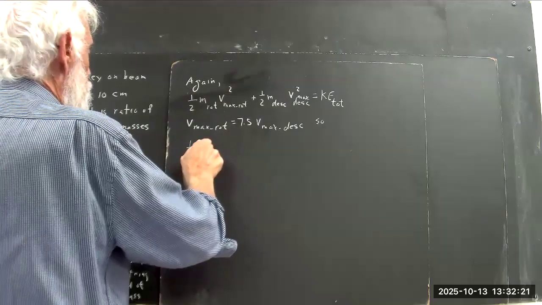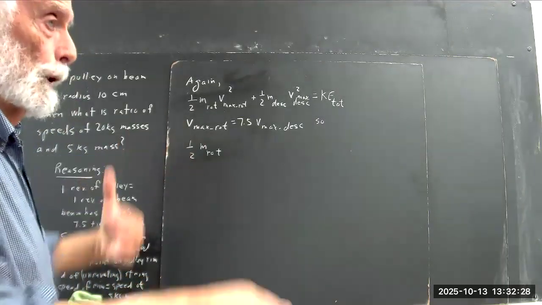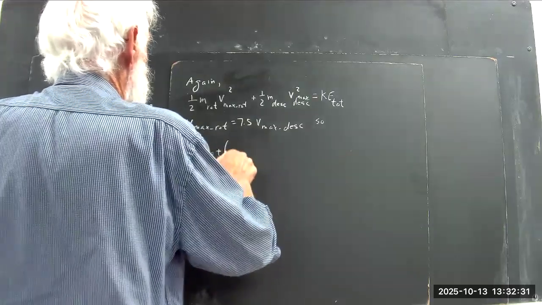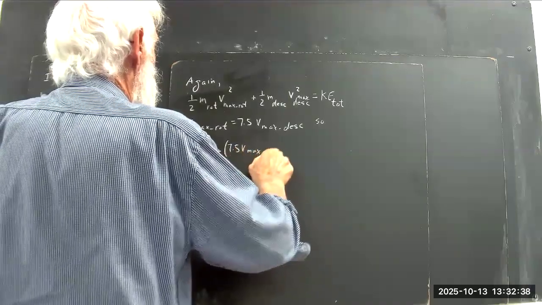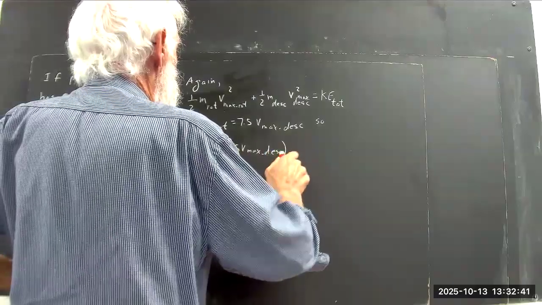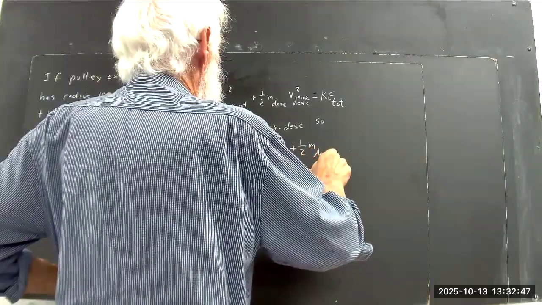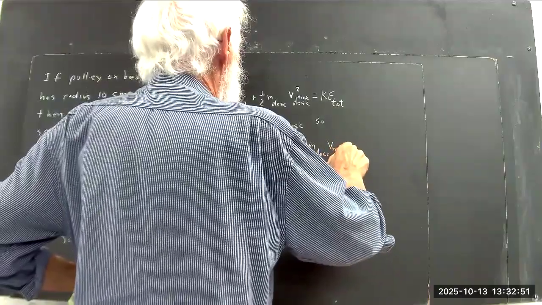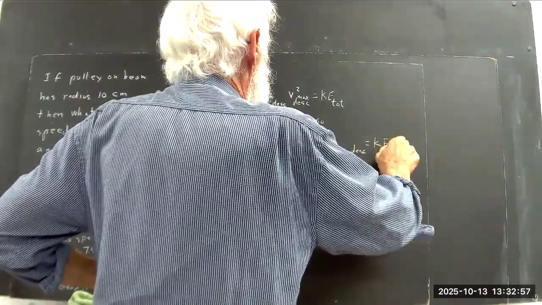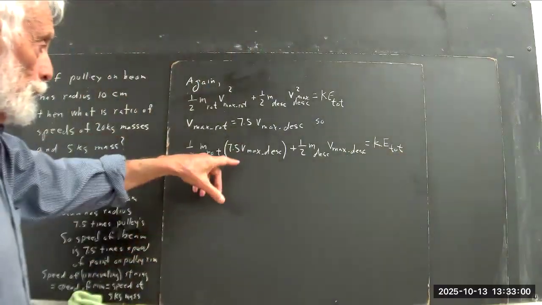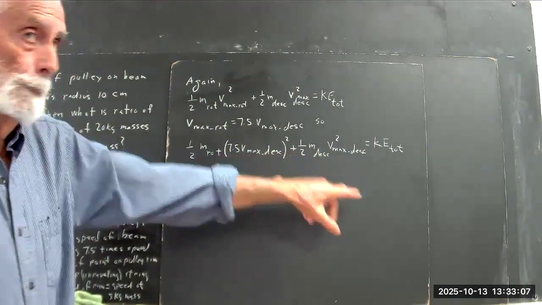So 1/2 of the mass of the rotating part of the system times, I can write the whole thing in terms of the velocity of the descending mass.